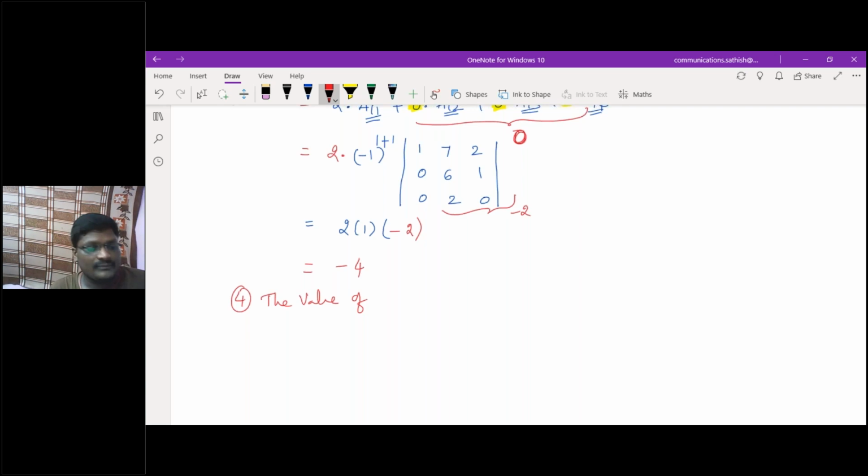The value of the determinant of 1 0 3 0 1 -1 1 3 0 0 0 -1 2 0 1 2. Can you try this?